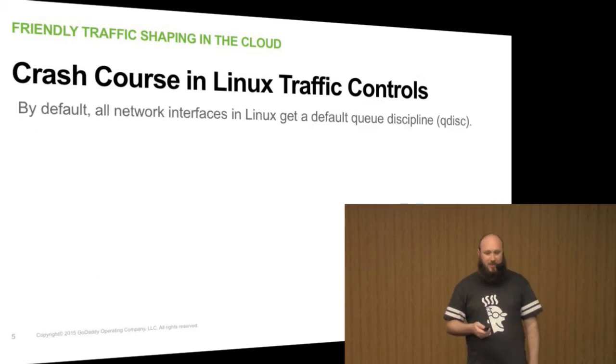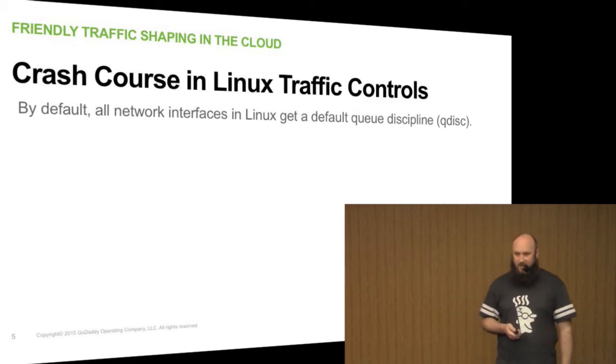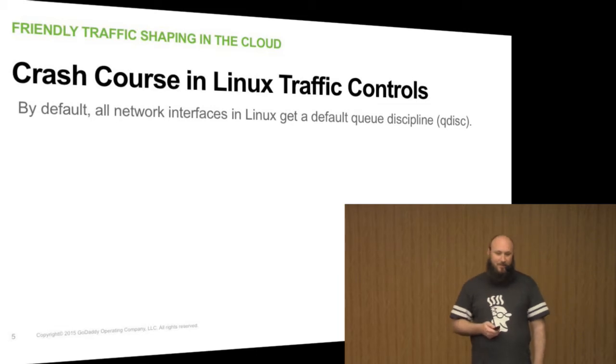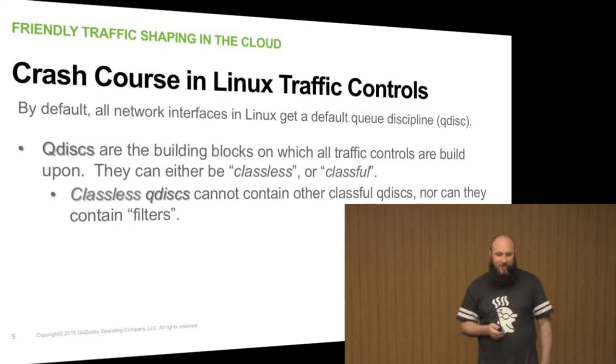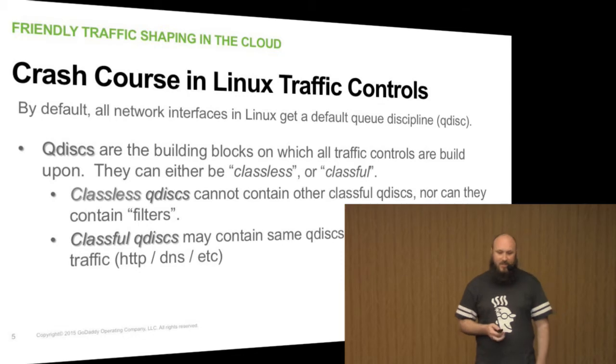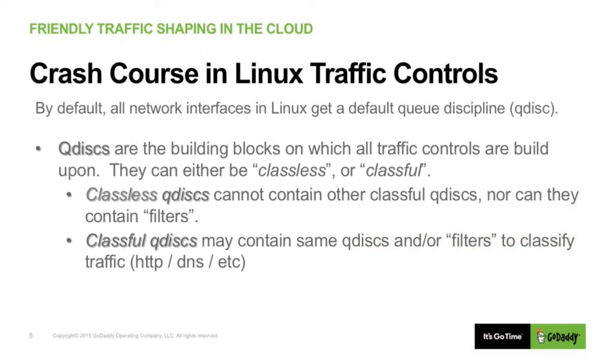By default, whether you know it or not, all interfaces in Linux get a default scheduler or QDisc. QDiscs are the building blocks on which all the traffic controls are built upon, and they can be classful or classless. So a classless QDisc can't contain any filters, so you can't actually do anything meaningful with that.